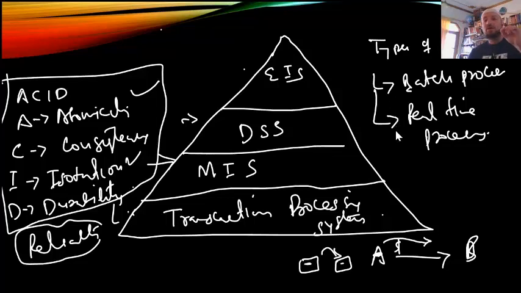But in real-time processing, we want to do it as quickly as possible. Like I said, I want to send money from A to B, and I want the message that your account is credited or debited to come quickly. The transaction should complete as quickly as possible.